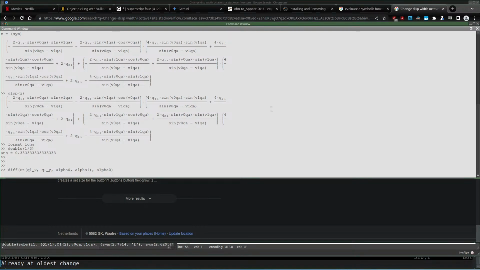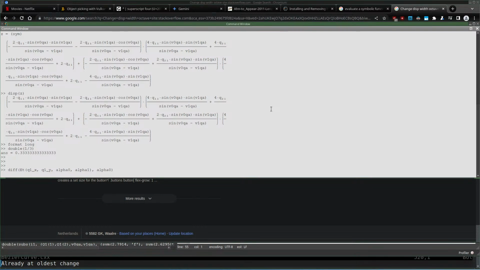I wonder if it has some kind of a simplification, although, you know, maybe I should have assigned this to something. The formula is correct. Just takes a very long time to calculate this differential.